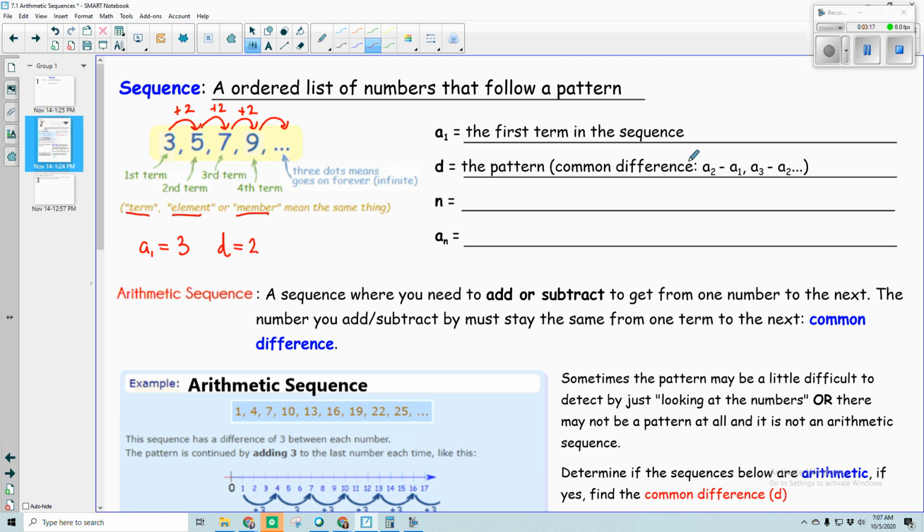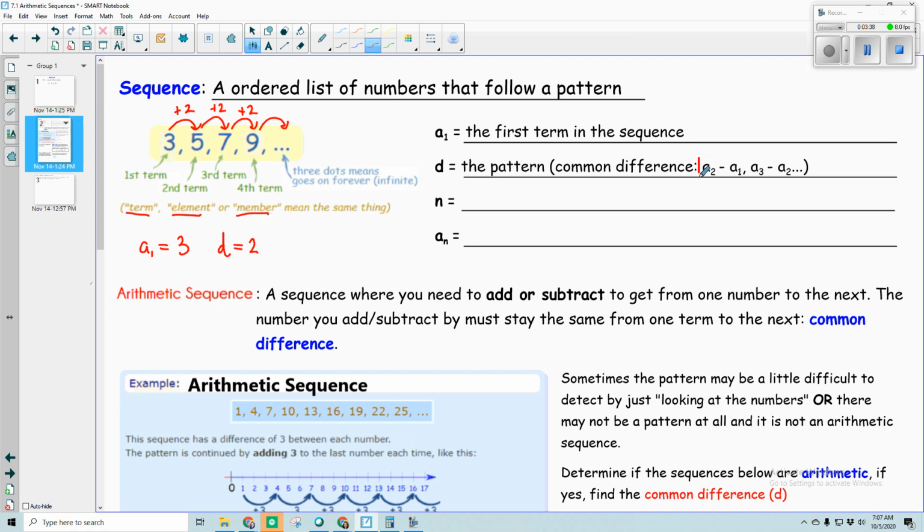I can get that by using the common difference, which is kind of unnecessary for this sequence because we can clearly see the pattern. But for other sequences, maybe with decimals or fractions, it might be harder to tell what you're adding or subtracting by.